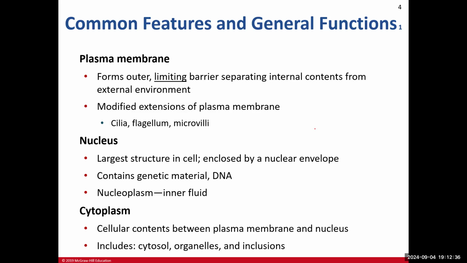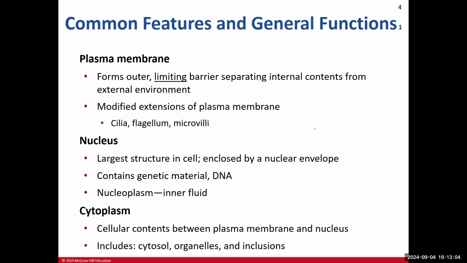And it's going to pretty much separate the internal part of your cell from the external environment. That's important. Because a lot of times, if the plasma membrane is compromised, and say there's holes that start to form in the plasma membrane for whatever reason, then the cell is most likely going to die. Right? So the plasma membrane plays a huge role.